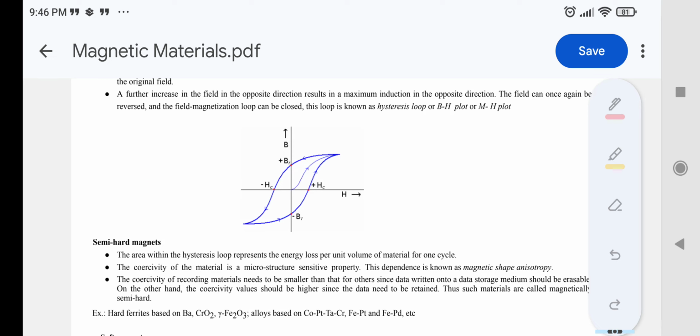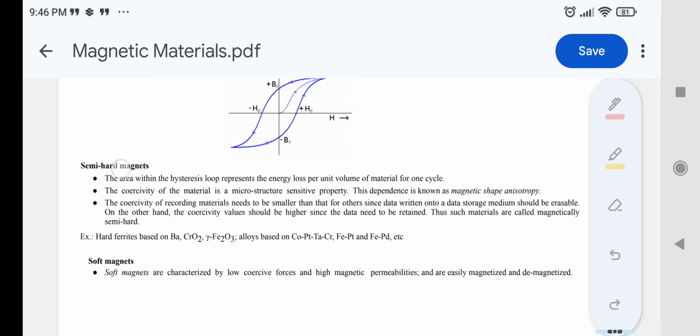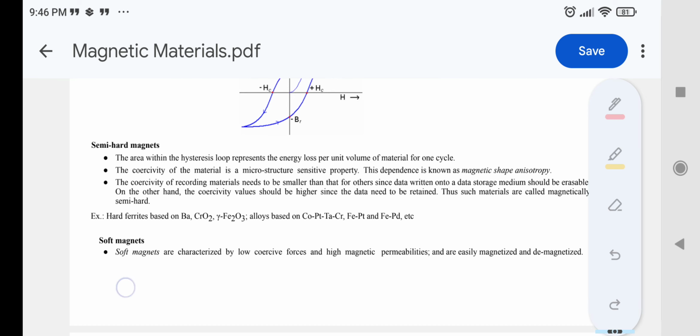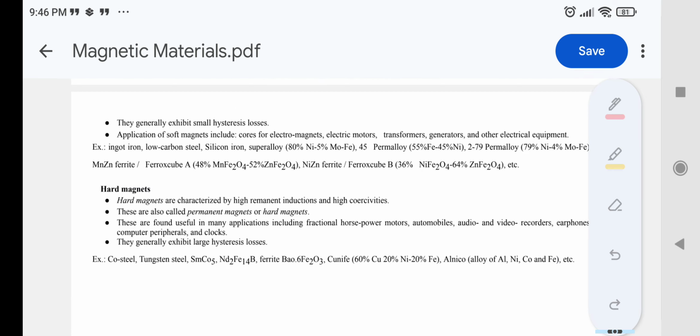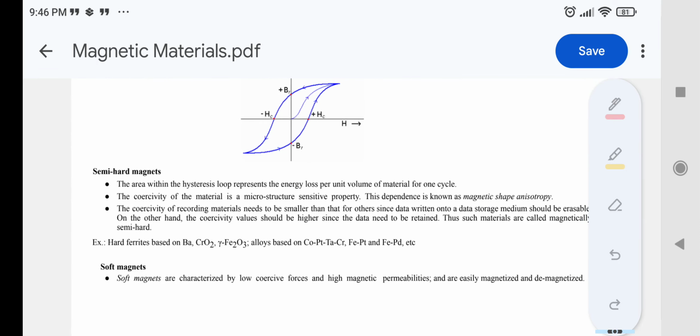Okay. So now we can see the different types: semi-hard magnets, soft magnets and hard magnets. These are the different types of magnets. So for semi-hard magnets, the area within the hysteresis loop represents the energy per unit volume of material in a cycle. The coercivity of the semi-hard magnet material is a microstructure-sensitive property.